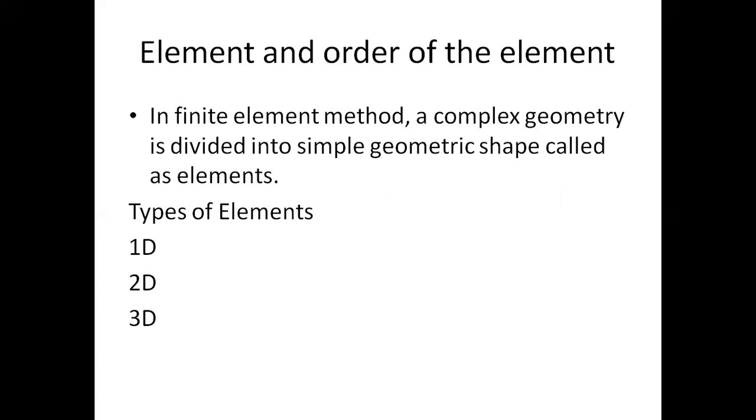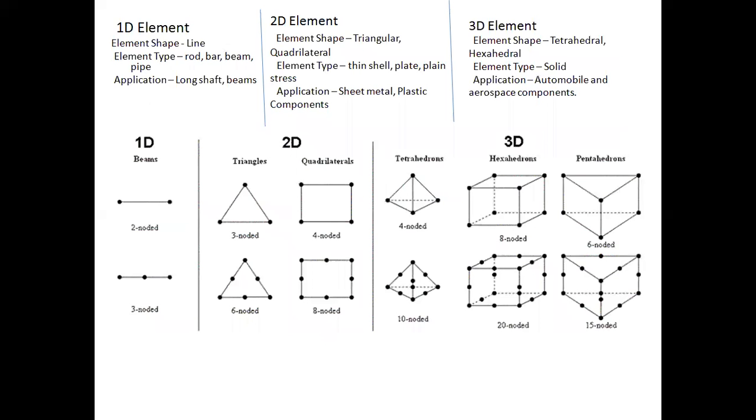The element has three types: 1D element, 2D element, or 3D element. First one, 1D element. In 1D element, the element shape is a line. Element types are rod, bar, beam, and pipe. Application: long shaft or beam application. It's a structural application for 1D element.